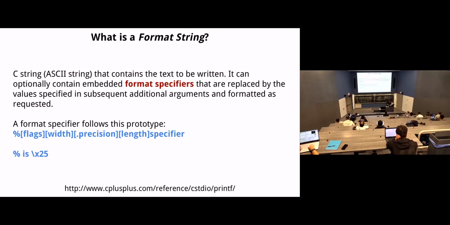The format string itself is just an ASCII string. It's a regular C string. It can contain some text to be written. It can also contain some format specifiers that are replaced by values specified in the subsequent arguments and formatted as requested.